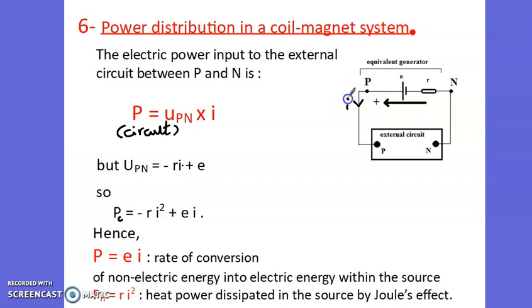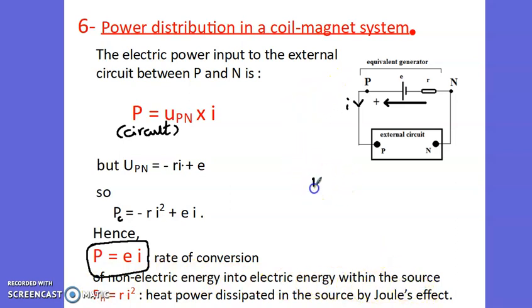Suppose it's like this at some interval of time. So P equal EI, this is the first rule, is the rate of conversion of non-electric energy, here mechanical energy, into electric energy within the source. Why?